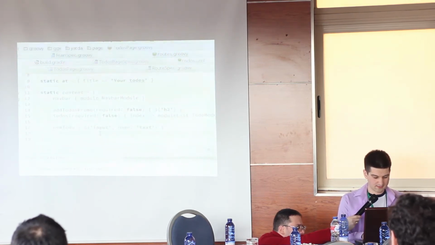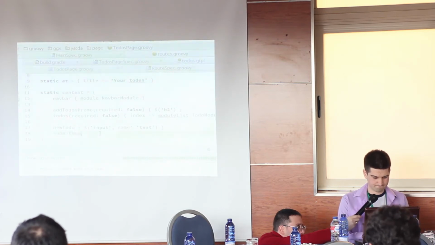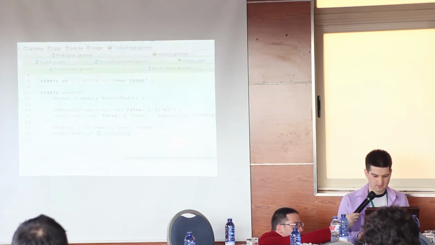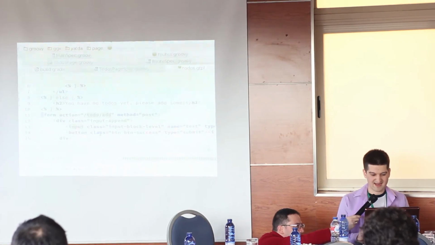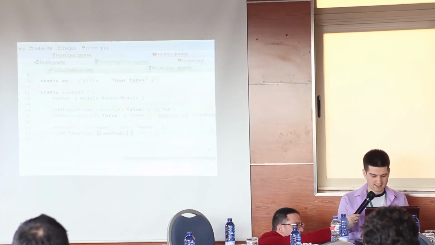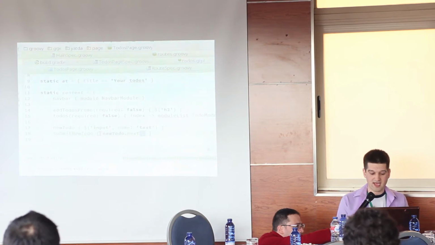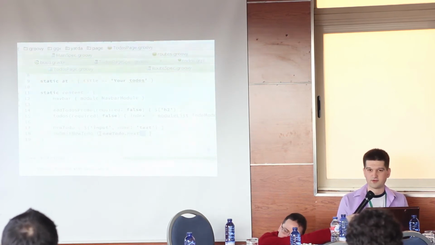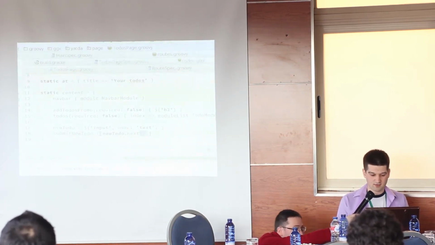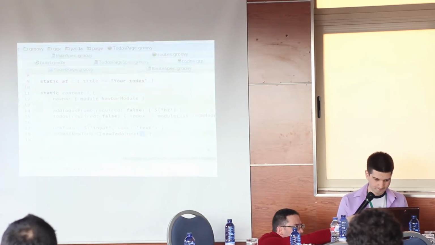So let's add that as well. Because it's just the next element in the DOM, let's use the next method. You might know it from jQuery. It's really similar. It's not exactly the same as in jQuery, but the API is really similar. So people who know jQuery will catch up with Geb quite quickly.